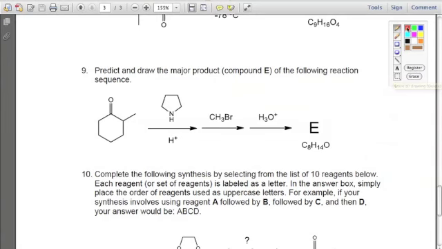I am going to erase that and just redraw that intermediate. Previously, I forgot the methyl group over here, but it's not that big of a deal. So you have this. Now, you have the possibility of taking hydrogens from here or here to form an enolate-esque compound.